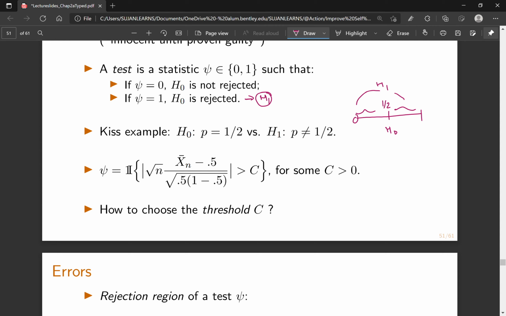Now, since we already know what this expression should be, the only thing remaining here is C. How do we decide C?